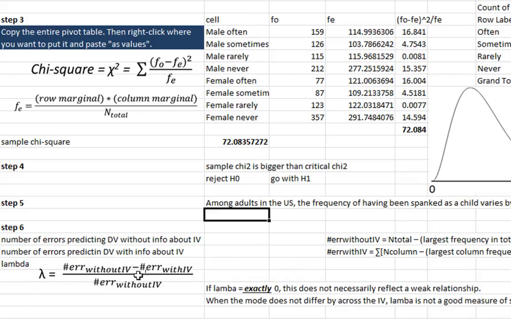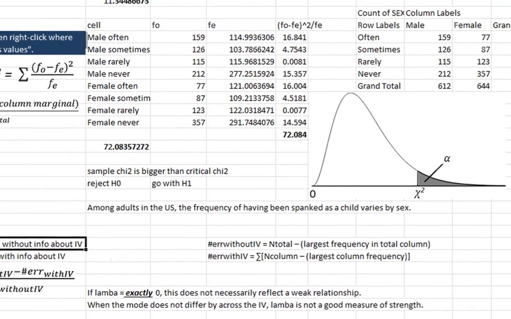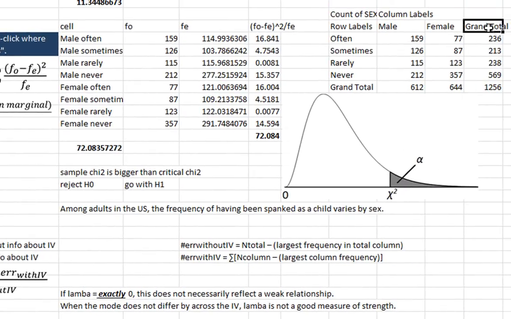So what does this mean? The number of errors in predicting the dependent variable without information about the independent variable. This means if I'm just looking over here, so if I just had this data, the frequency of being spanked in this sample of 1,256 people, and all I know is that 236 are often, 213 are sometimes.